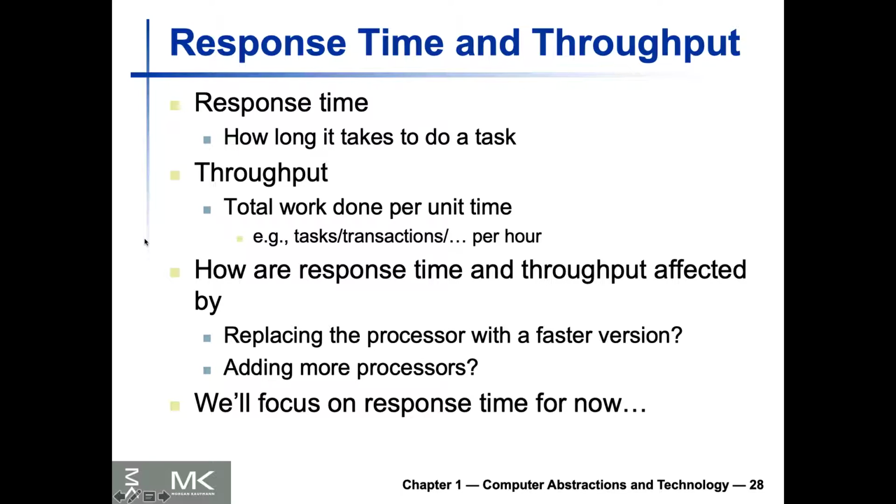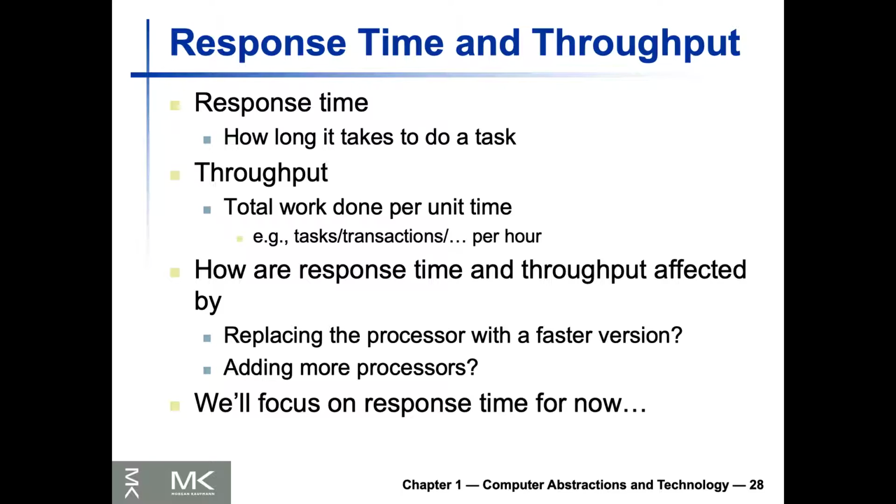Given these two, we can define a question such as how our response time and throughput are affected by other variables. If we replace a processor with a faster version, say we replace our i3 with i5, what are we expecting to get with a newer processor?